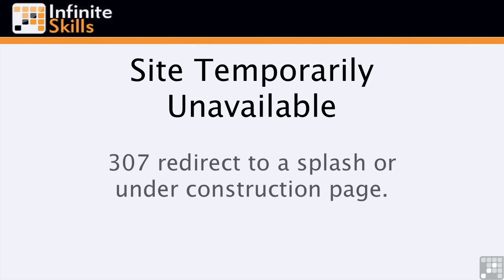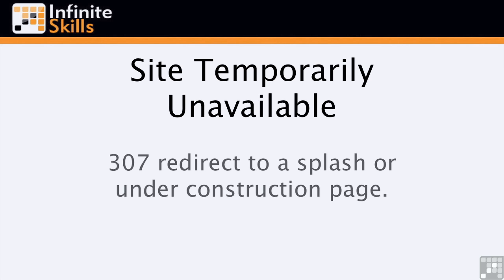A 307 is a perfect redirect to use, because if Google finds it, they're not going to assume that splash page is now your new website, which of course you wouldn't want them to do. So the 307 is that temporary redirect that you're going to want to use.